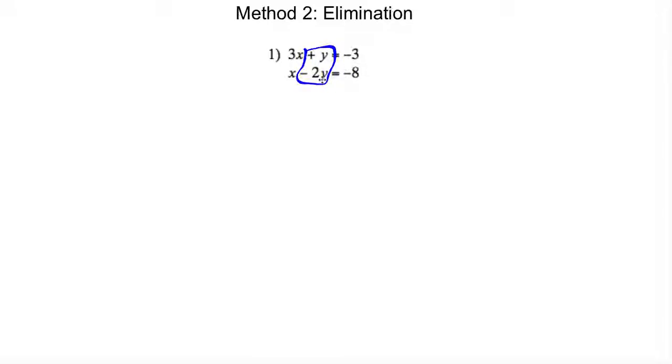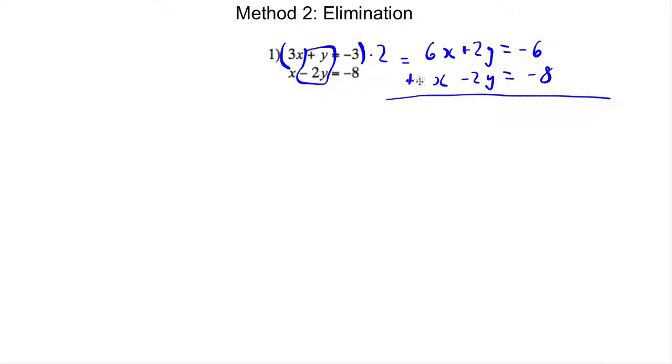So if I add opposites, I'm going to get 0. Thus the elimination. So if I multiply this whole top equation by 2, I'm going to get 6x plus 2y is equal to negative 6. The bottom equation, I'm going to get x minus 2y is equal to negative 8.